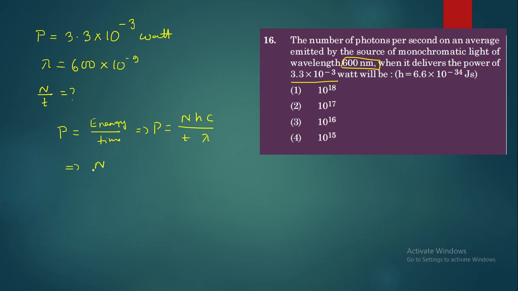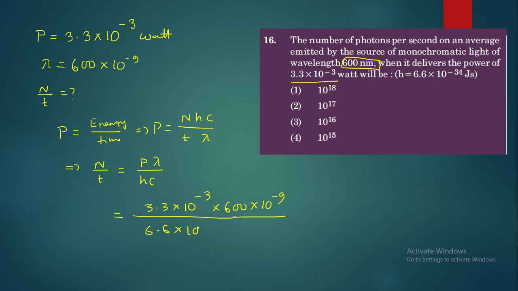So from here, n by t is equal to P lambda by hc. Let me put the values now. P is equal to 3.3 into 10 power minus 3. Lambda is 600 into 10 power minus 9. h is 6.6 into 10 power minus 34. Then c is the speed of light, 3 into 10 power 8.